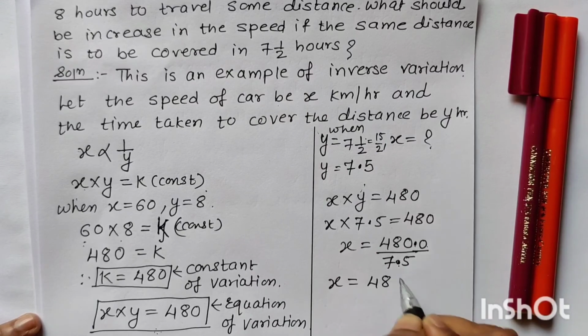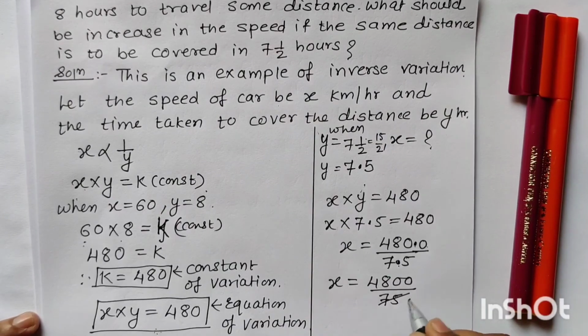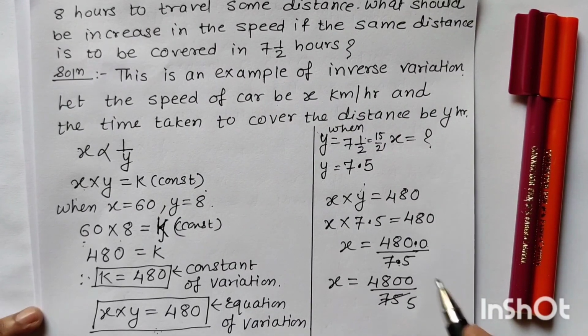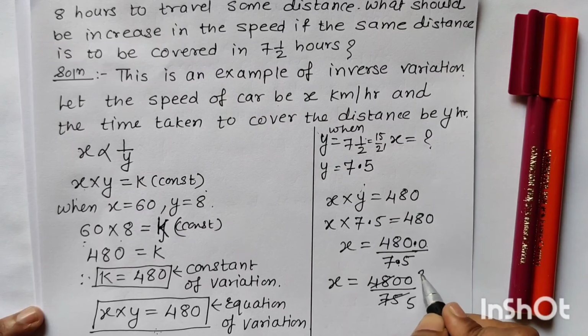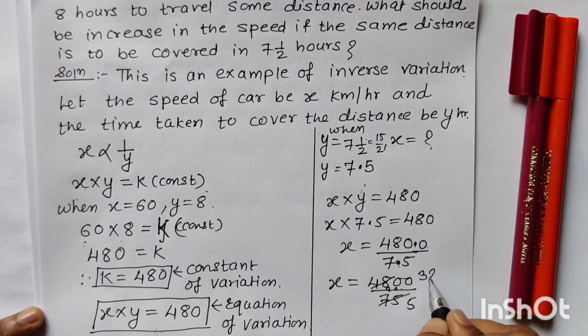We have got 4800 upon 75. Yes, cancel. 15 5s are 75, correct? 15 3s are 45, 3 remaining 0, 15 2s are 30 and 15 zeros are 0.